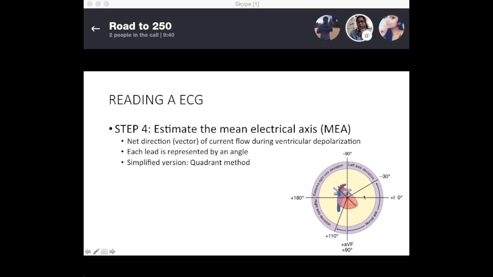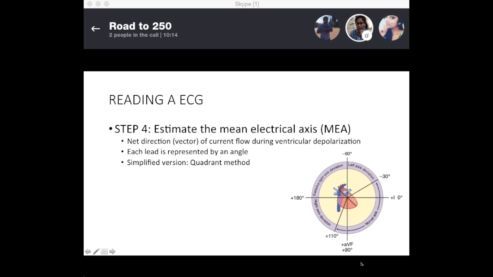The normal range for the mean electrical axis is -30 to +110. The horizontal lead is indicated by the positive lead 1 at 0, which falls under the normal, and in terms of reference, this parallels where the electrode would be placed, which is on our left arm.